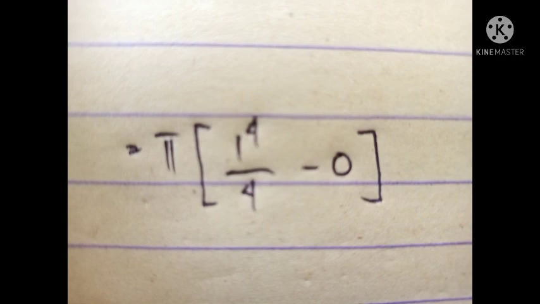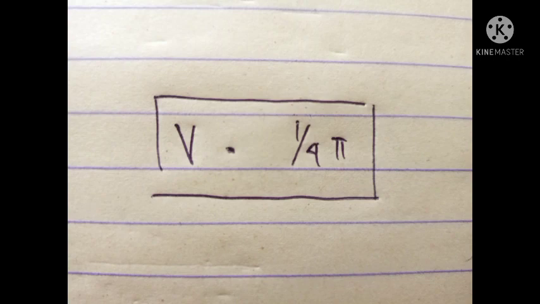We all know that 1 raised to the power of 4 is equivalent to 1. So now we'll get our volume, which is V is equal to 1/4 pi.